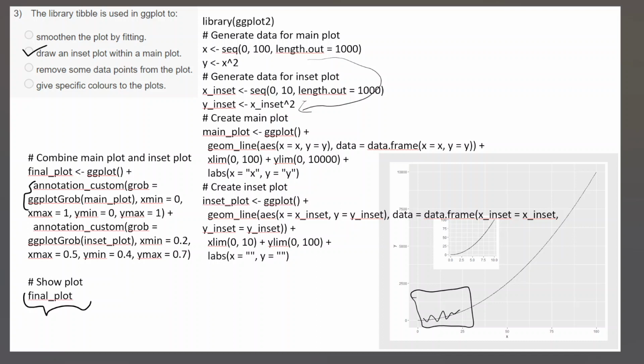Next, what we have to do is combine the plots. The final plot is plot plus annotation_custom.